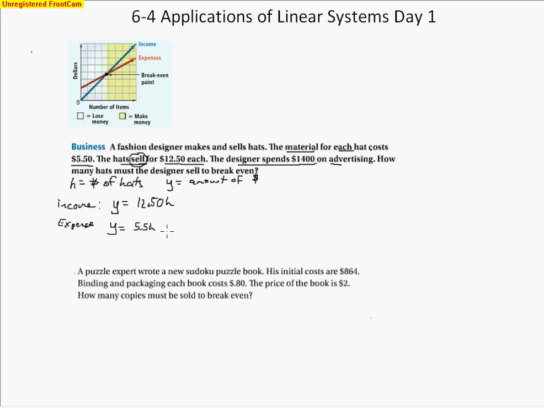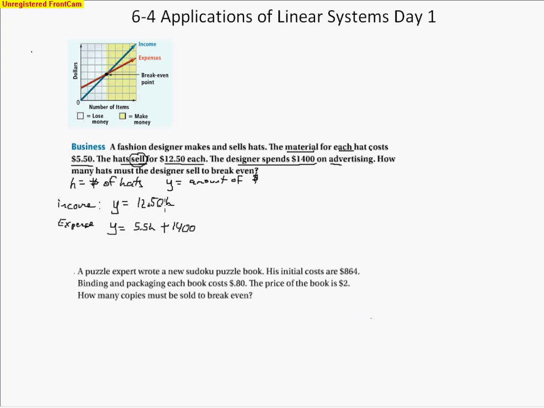Plus we also have that $1,400 we're spending on advertising. That's going to be a positive number because we're spending it. If it were negative, that would mean debt. We are spending that money, and that's where it's at.